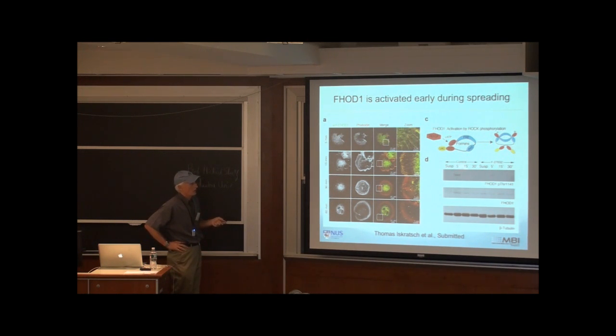Sure enough, at 5 minutes, you see a peak in the phosphorylation of FHOD1, i.e. cells in contact with the surface initially activate actin polymerization through FHOD1, and we find it at those clusters present, and there's a paper now that is in revision on this.